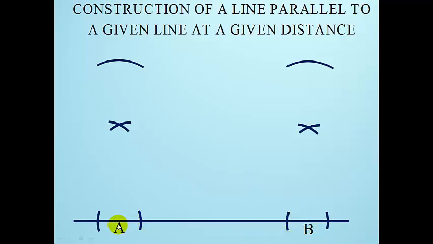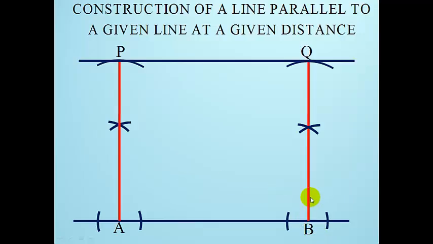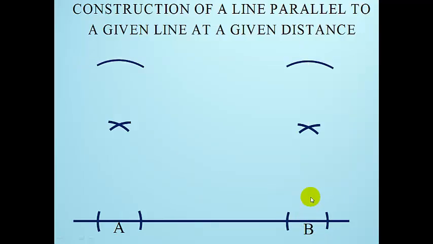So we now draw a straight line from A, passing through the intersection of the two arcs we first described. We draw a straight line also from B, passing through the arc as shown. So these are the two straight lines drawn.